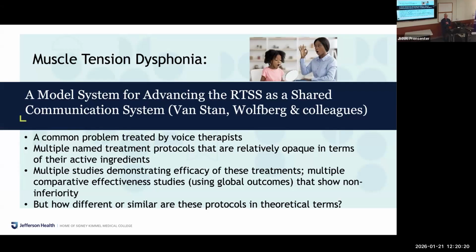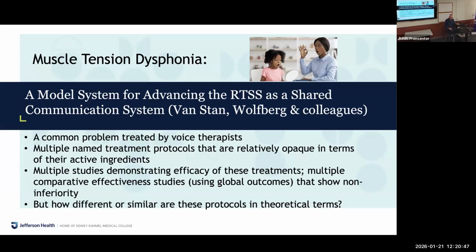So muscle tension dysphonia, basically a hoarse voice, is a common problem treated by voice therapists. There are, I think, 8 different named protocols that have been shown to be better than nothing, with people's names on them. And there have been several comparative effectiveness studies comparing Smith to Jones that find them equivalent. But nobody knows what's equivalent to what because they're just people's names.